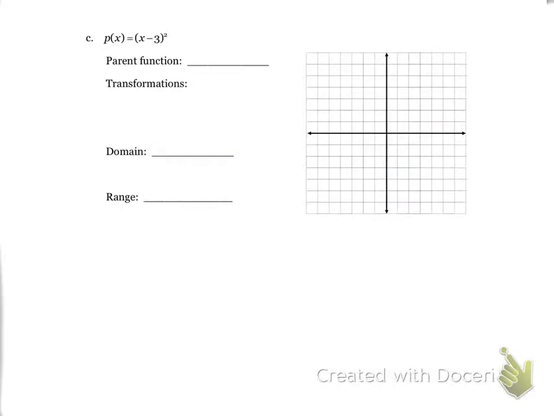This function is also a quadratic function, but it has a transformation to the right 3. So I'm going to take the origin, and I'm going to go to the right 3.